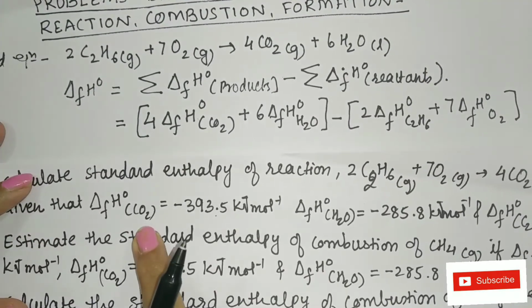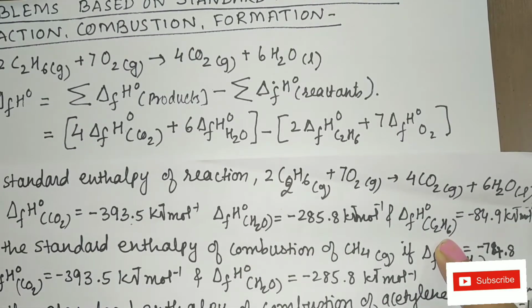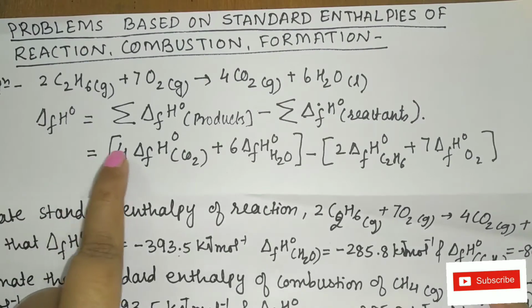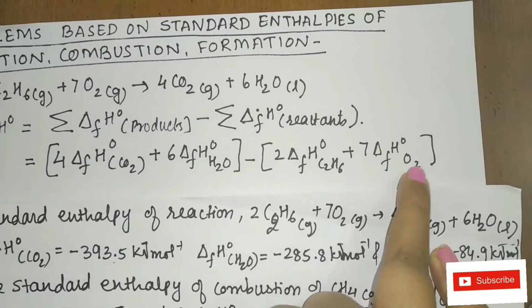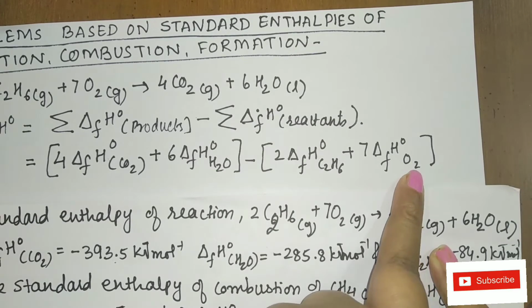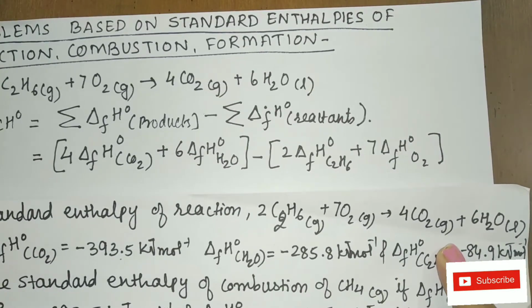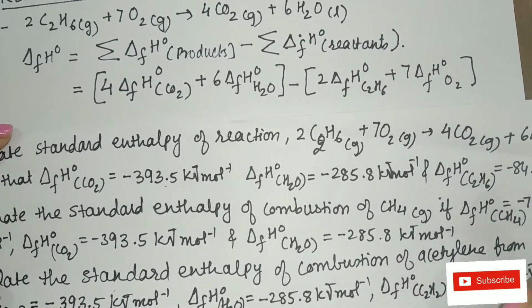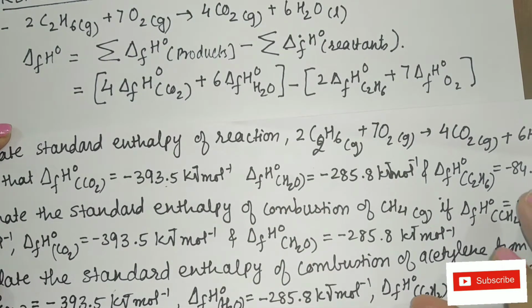Now students, if you see the given data, they have given values for carbon dioxide, water and ethane. I need CO2, H2O, C2H6, but oxygen they have not given. So, always remember that the standard enthalpy of any species in its elemental state is considered as 0. Or you get a hint that if it is not given here, its standard enthalpy must be 0.